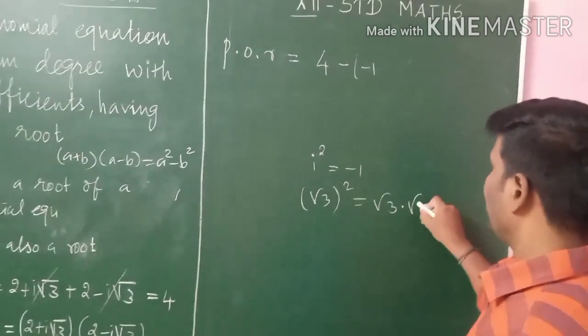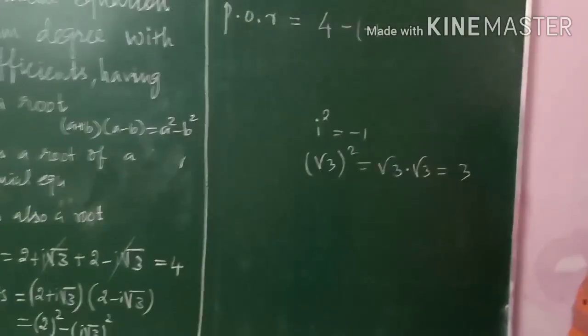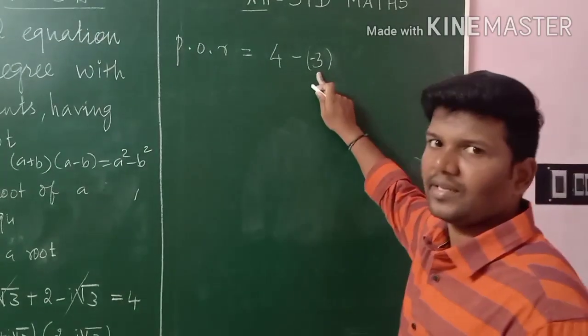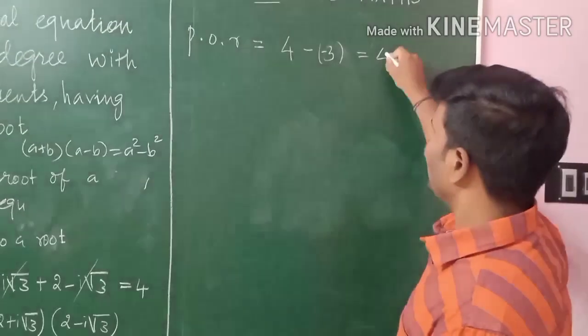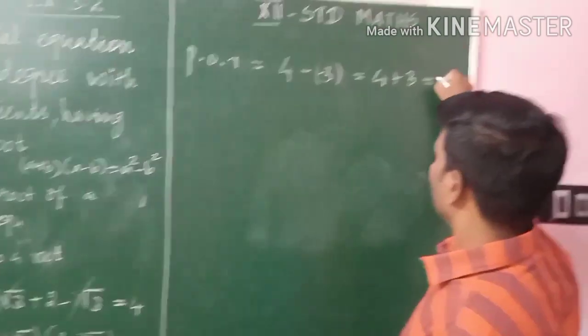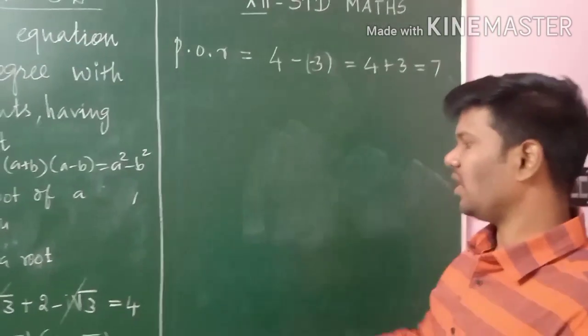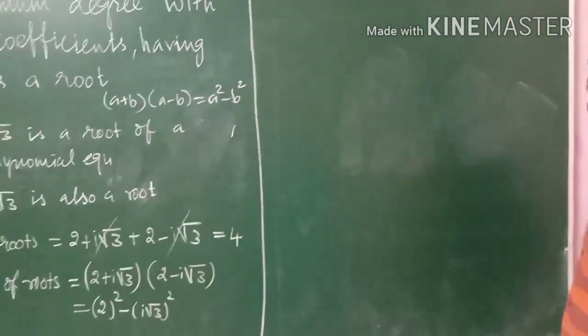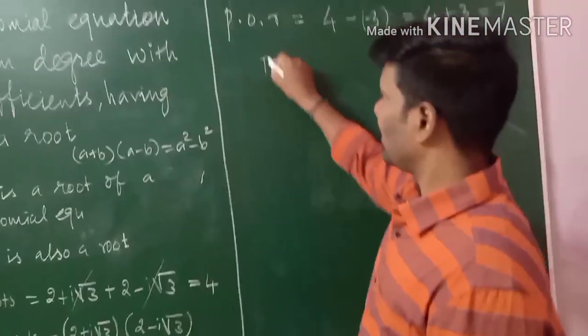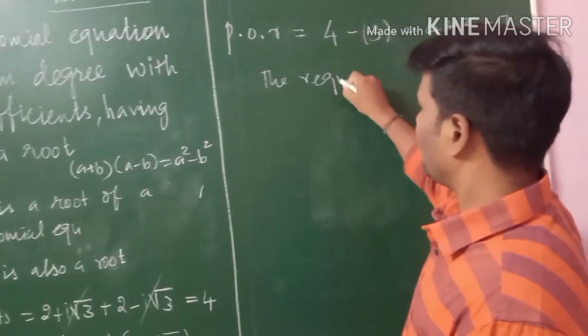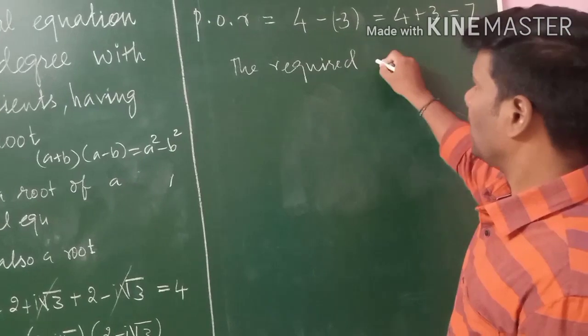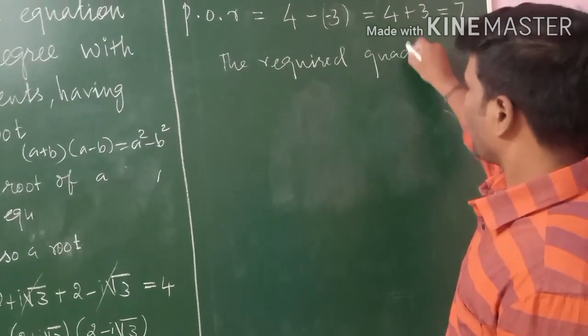Square root of 3 into square root of 3. So it is 3. So minus 1 into 3 is what? Minus 3. So minus of minus 3, plus 3. So 7. Sum of roots 4 and product of roots 7. So what is the required quadratic equation?